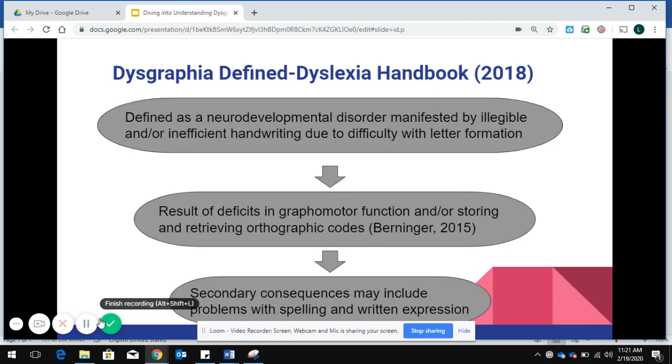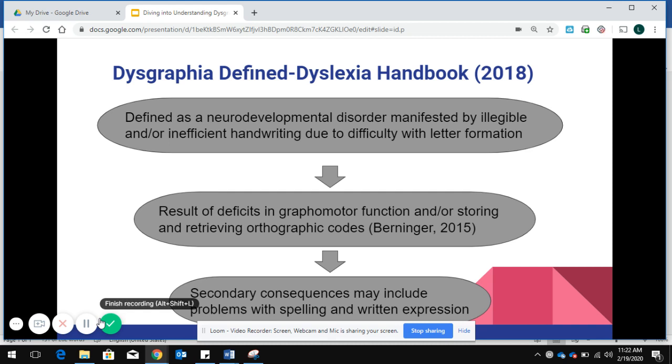Let's start by looking at the definition. This definition comes straight from the Dyslexia Handbook. The Dyslexia Handbook was revised in 2018 and now includes a chapter, Chapter 5, that has all the information available regarding dysgraphia.